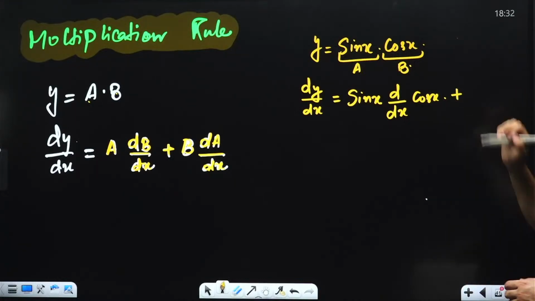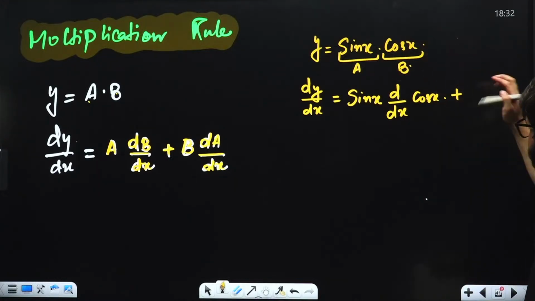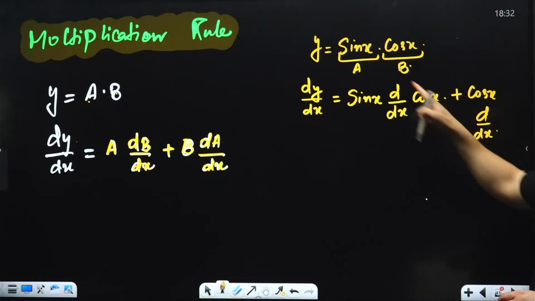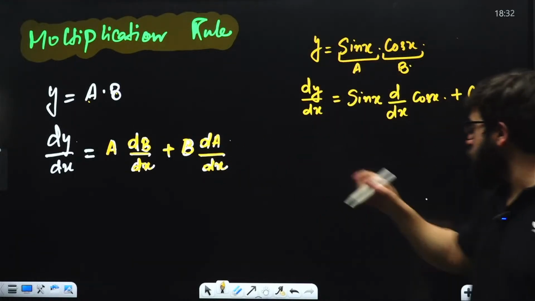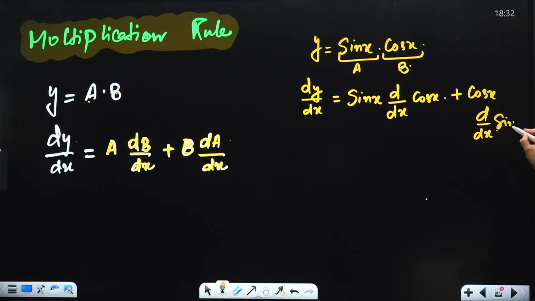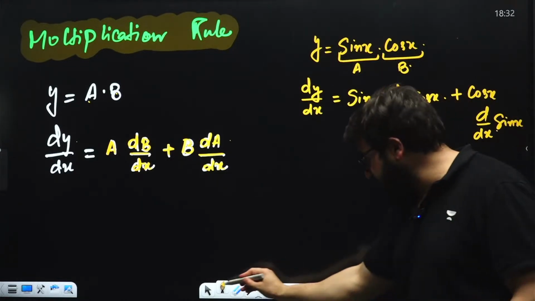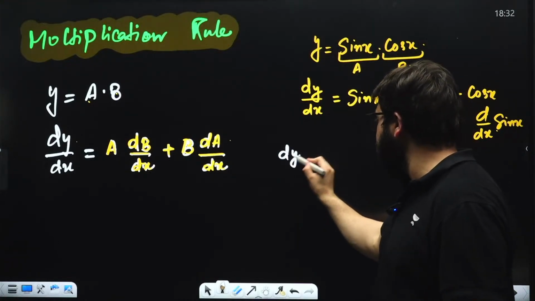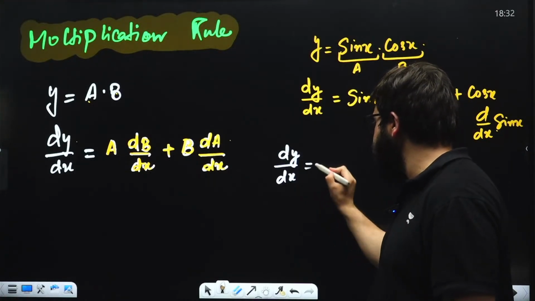Then plus. We keep b as it is, cos of x. And then d by dx of a, that is d by dx of sine of x. Now do the differentiation in the next step. So dy divided by dx will be simply.